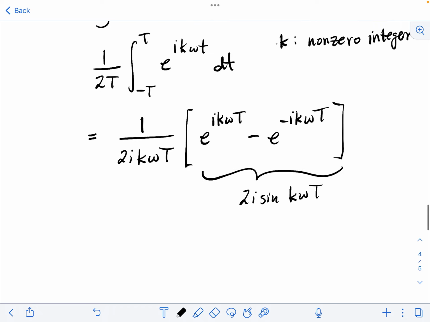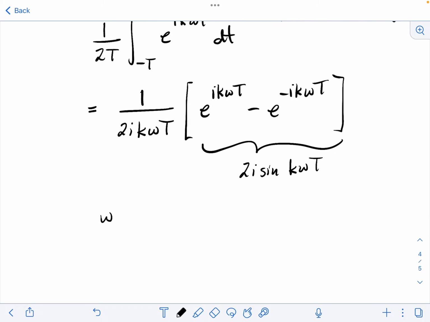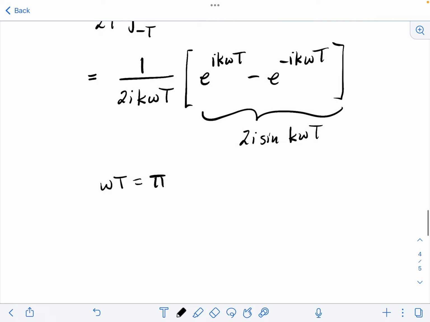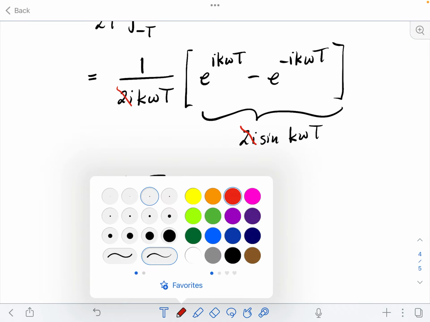And omega T, if you remember, T was half a period, so 2T was equal to 2 pi over omega. Then pi over T is omega, so omega T is just equal to pi. If we substitute those in, the 2 i's cancel, and the omega T just becomes a pi.